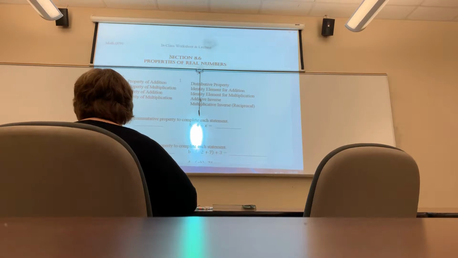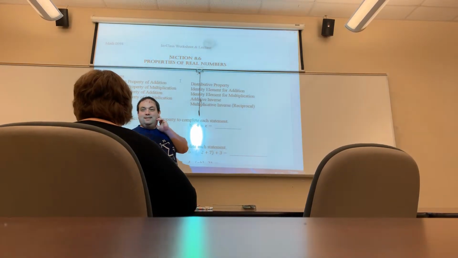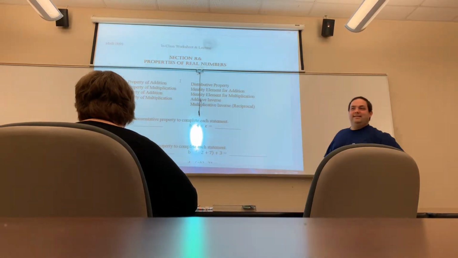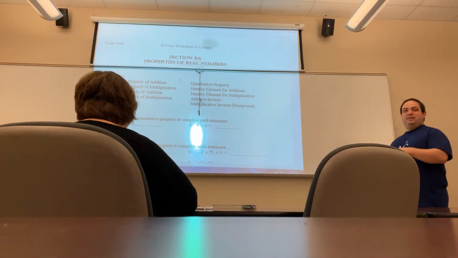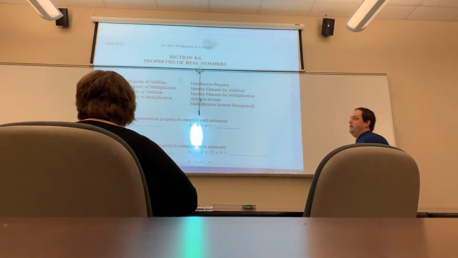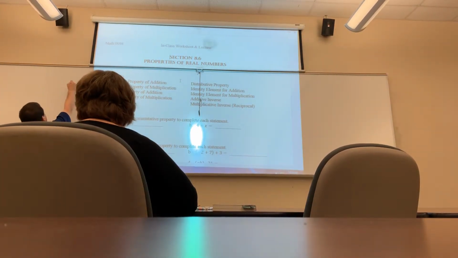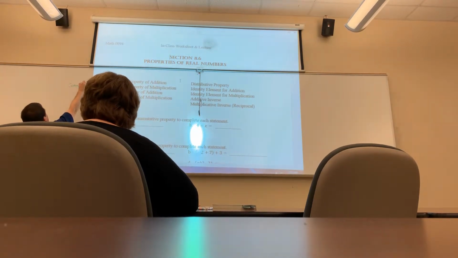So the first one that we want to talk about here is this word. What's this word right here? There's no N in there. Yeah, commutative. It comes from the word commute, which means to what?